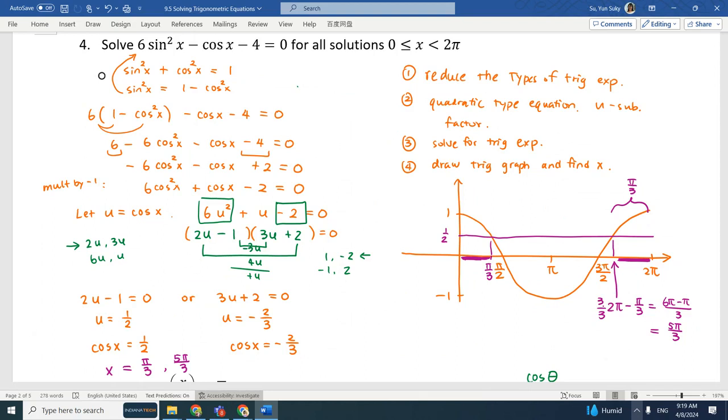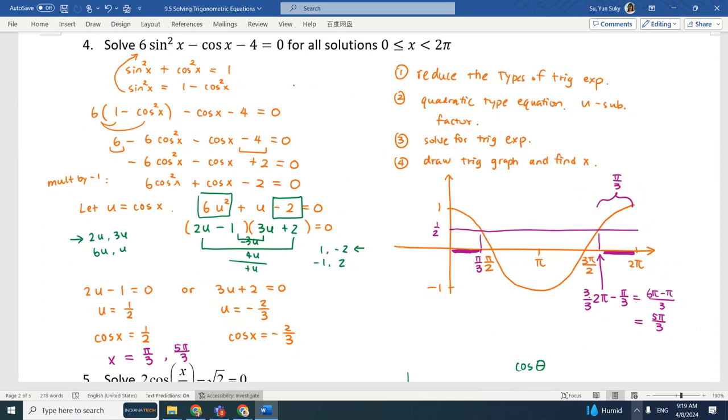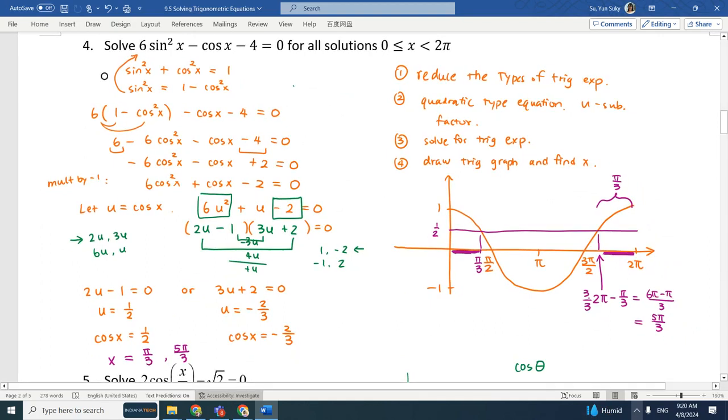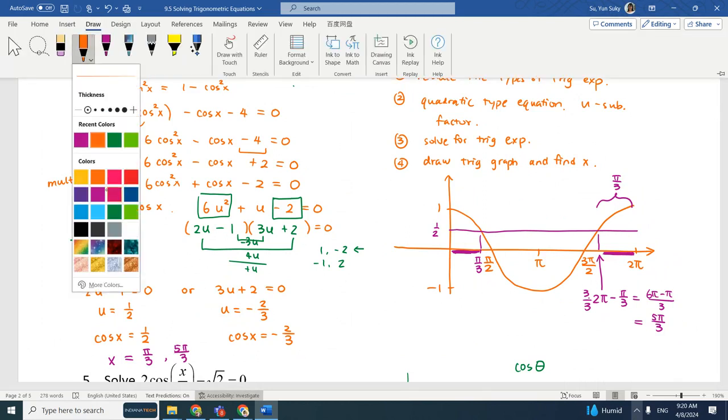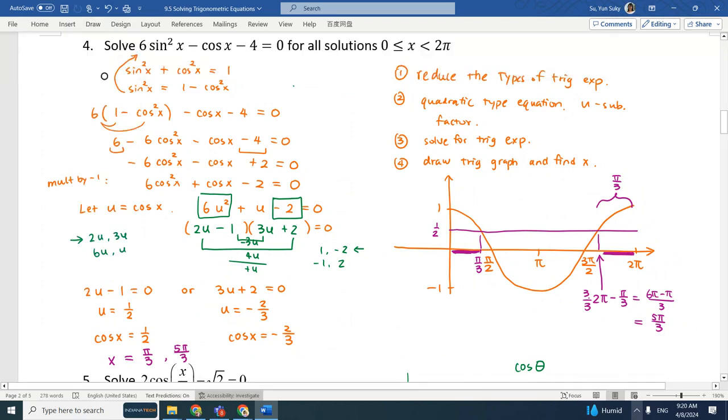See, this problem is not easy because it's a lot. You really need the knowledge we learned before. So our problems get more and more complicated. Okay, next one. Let's look at cosine x is negative 2/3. Negative means it's going to be down below the x-axis, right?